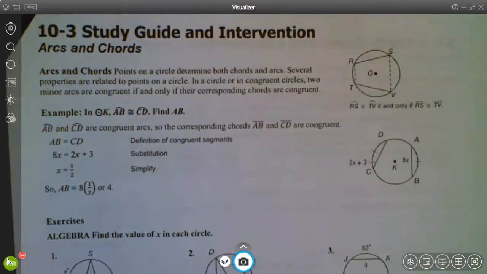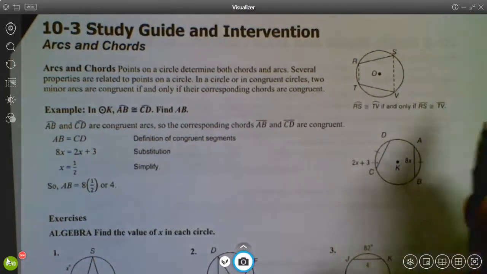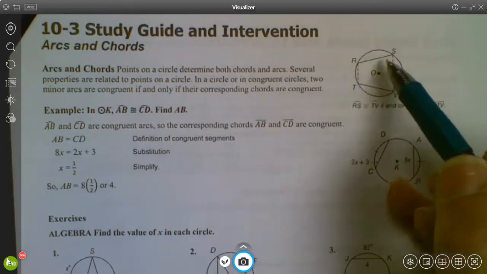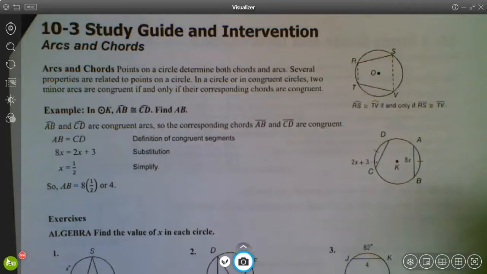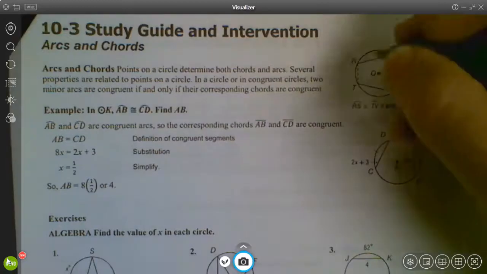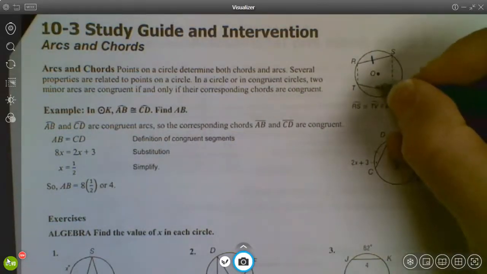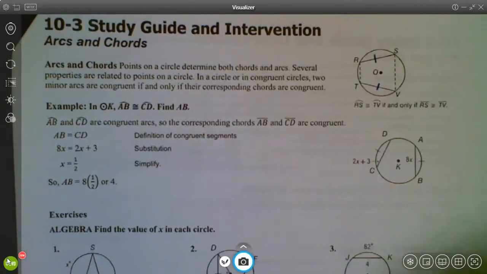So the portion of the circle is the arc, the segment is the chord. So here's the rule that they want us to learn today. Obviously within this you can see two chords, so RS and TV are both chords. Well, what they're trying to tell you is if those two chords are congruent, if RS is congruent to TV, well then what else must be true?